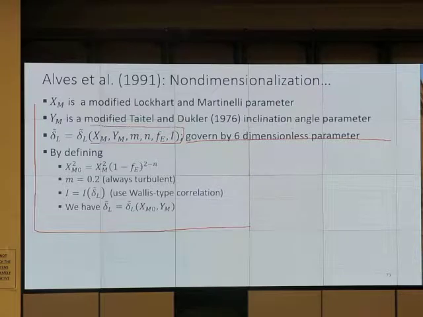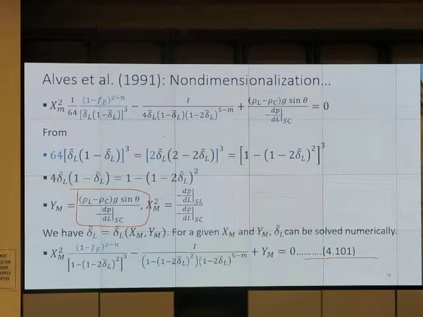What is that telling you? First of all, X sub m, can it be calculated right up front? Kind of, but not completely. First step, you need F_E, the entrainment fraction. Then go back to the minus dp/dl sub SC, the superficial core velocity.